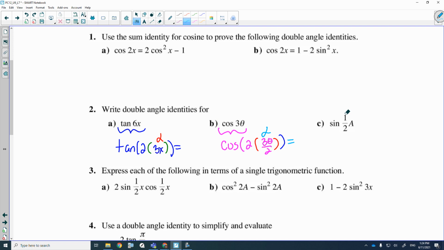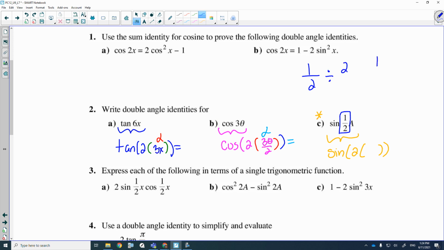Let's do C together. And I'm going to star C. Turn sine of 1/2 A into a double angle. So sine. We need to have a 2 if we want that for a double angle. What does alpha become? Well, what we've been doing is we've been taking our arguments and we've been dividing them by 2.